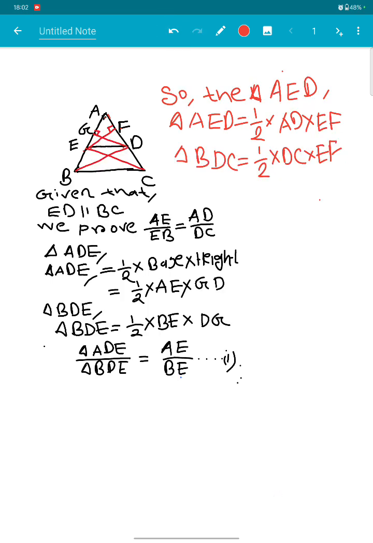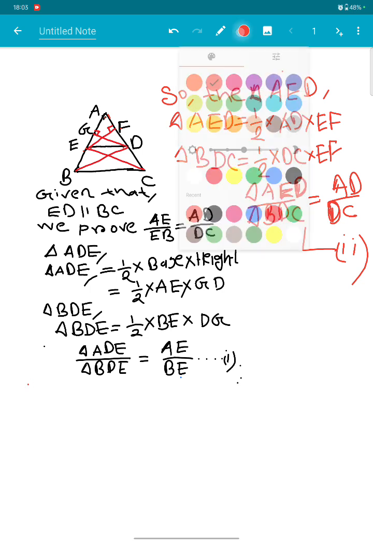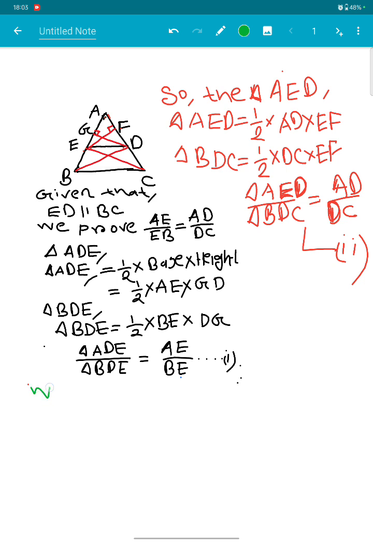So we divide the area of triangle AED and triangle area BDC equals EF cross AD by DC. AD by DC. Okay. This is the equation number 2. So we get two equations.